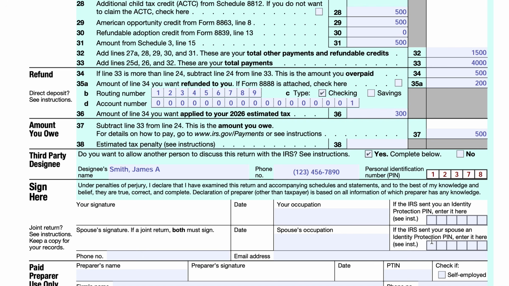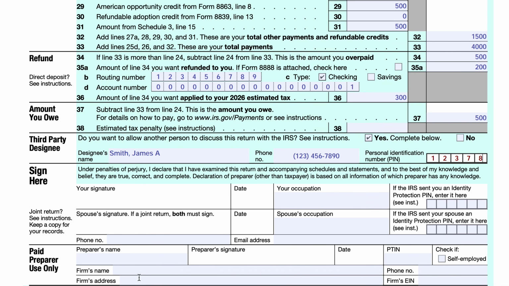properly entered. And if you have a paid tax preparer, they're going to complete the bottom of this with their information: their name, signature, date, and PTIN. They'll check this if they're self-employed, and they'll put their firm information in here.